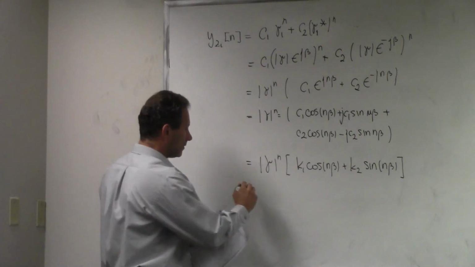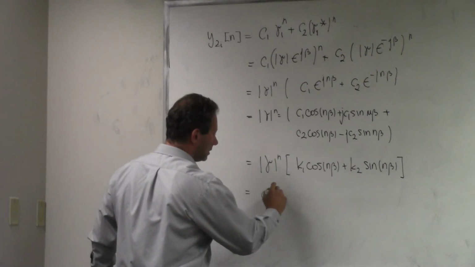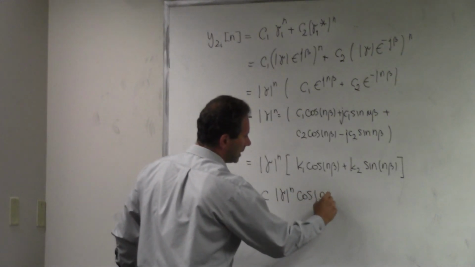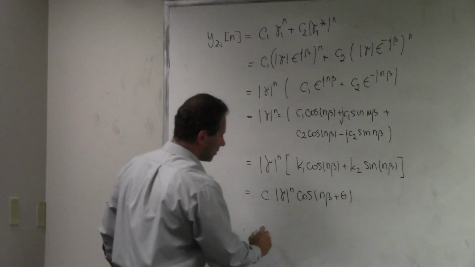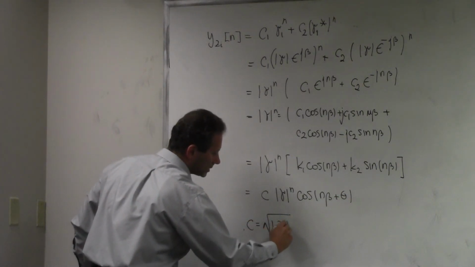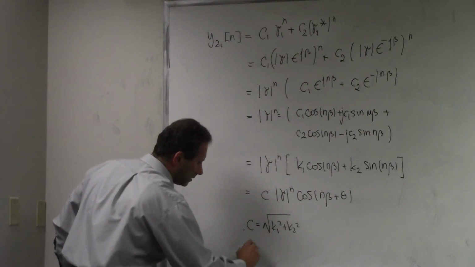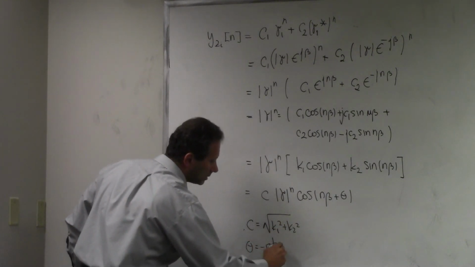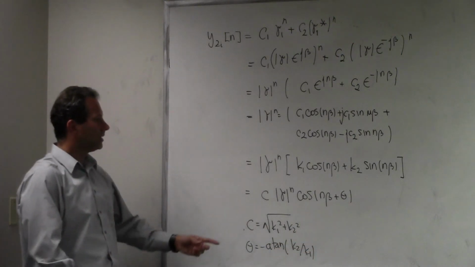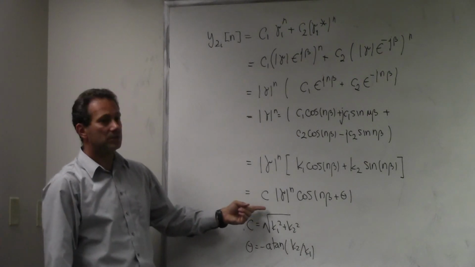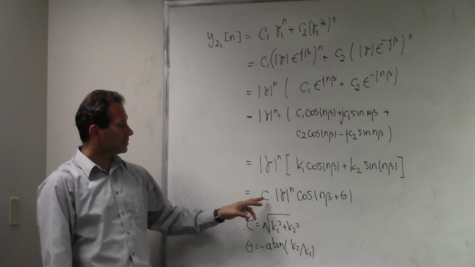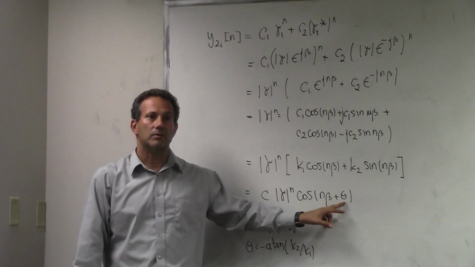So I can finally rewrite this as C gamma to the n cosine of n beta plus theta, where C is the square root of K1 squared plus K2 squared, and theta becomes minus arctangent of K2 over K1. But really, this is just academic, because all we really seek to find is the format of this output. There are still these constants C and theta that we would have to determine.